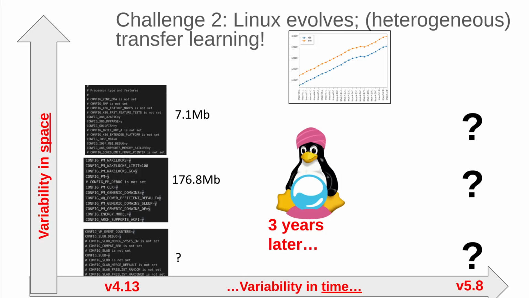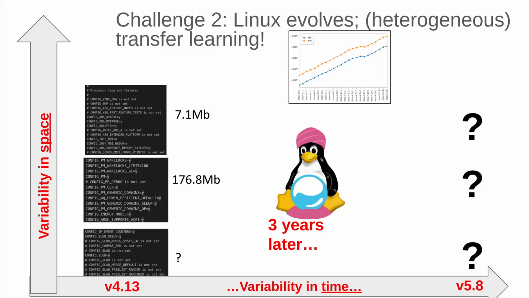Another challenge that is not specific to Linux, but that is exacerbated with Linux, is that Linux evolves a lot. It means there are lots of commits, modifications of files, and there are also some additions and some removals of options.